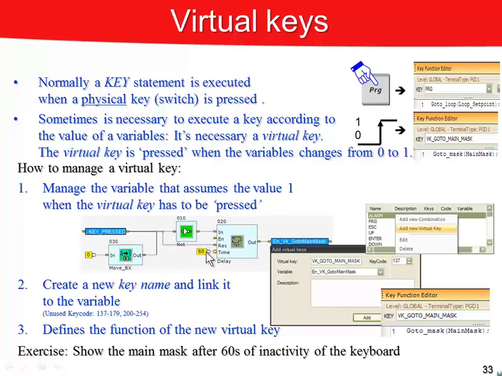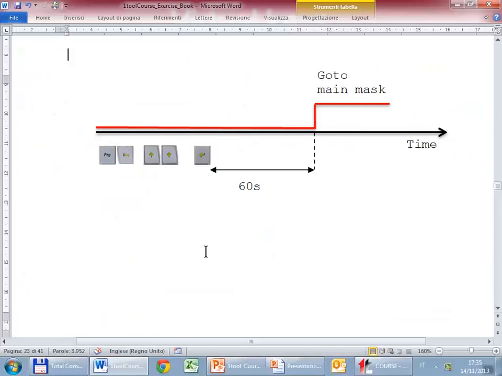So I repeat that we expect a trend like this. While we press, the variable is 0. After 60 seconds, 5 seconds at this moment, the variable should become 1. After that, if you press a key again, the variable changes back to 0, and everything restarts.